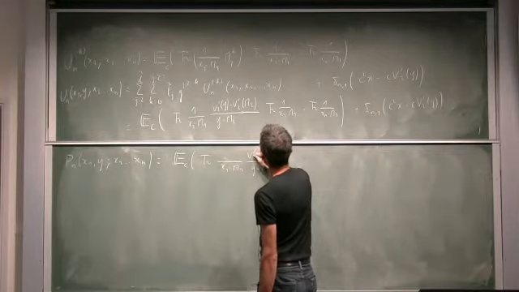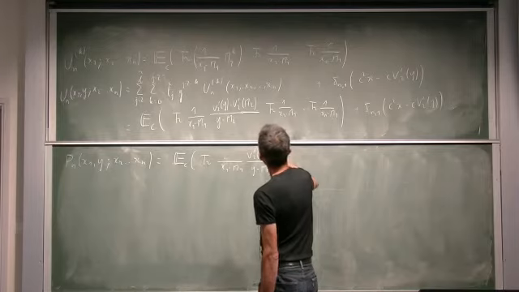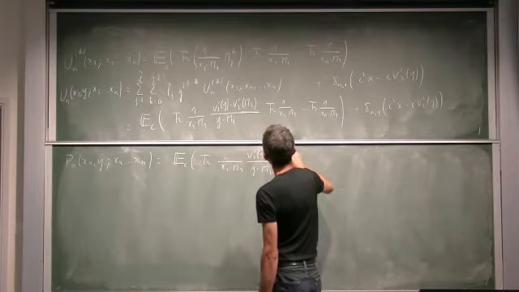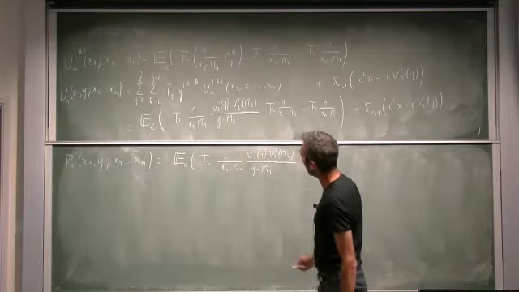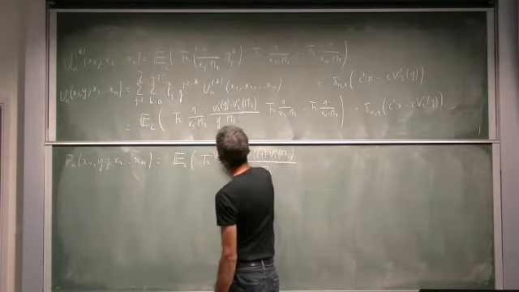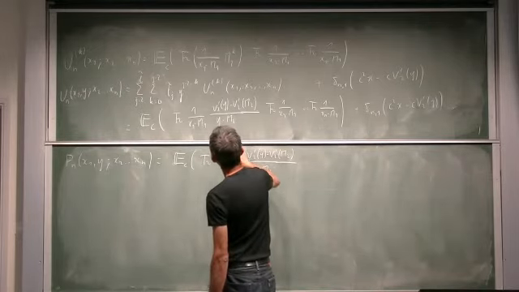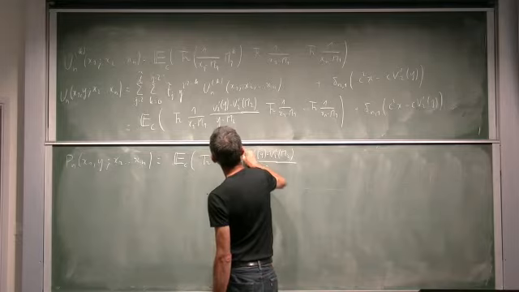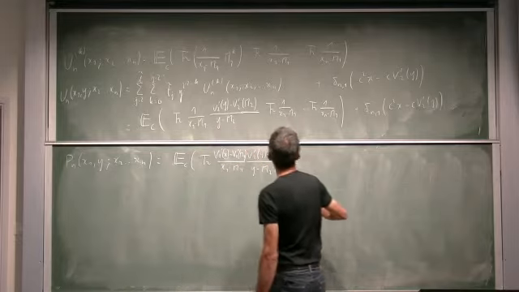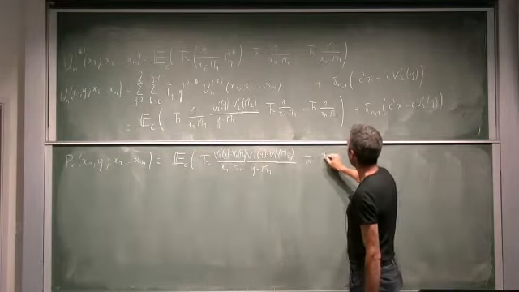Let me do the same thing. So it's a polynomial of y, but now let me also make it a polynomial of x by multiplying by that, times over traces.